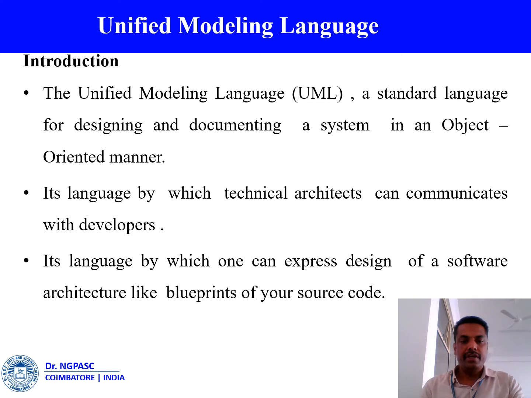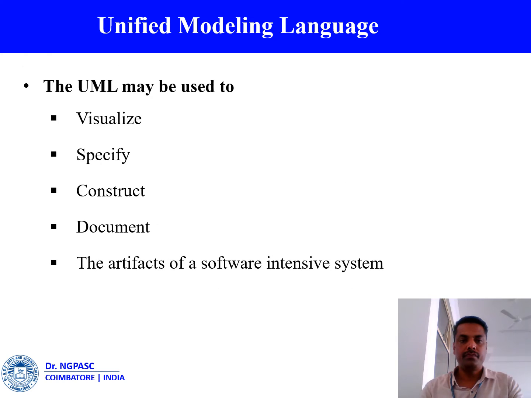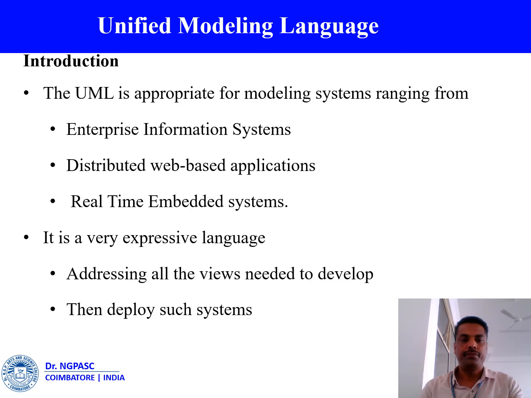It is a language by which one can express the design of a software architecture, like a blueprint of your source code. The UML may be used to visualize, specify, construct, and document the artifacts of software-intensive systems.